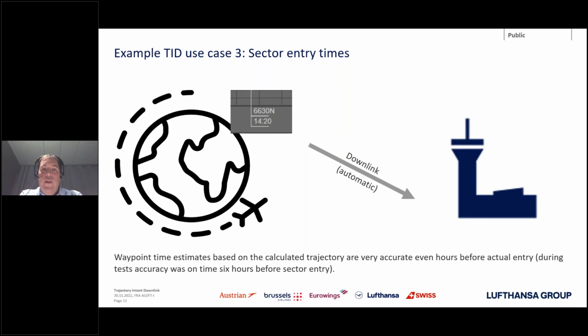A technology like the trajectory intent downlink can actually give this information hours before. According to our test flights, this information is pretty accurate. We had one test flight where, 6 hours before the actual sector entry, the prediction was on time. The FMS at that point was several minutes off, as well as the flight plan. So we strongly believe this is another good use case for an ANSP to increase planning and estimate the actual sector load in a tactical environment.